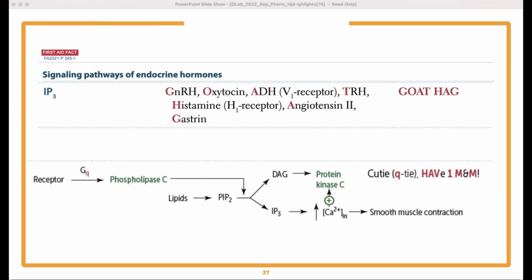And you can see there your IP3 pathway. Some of the hormones that use that pathway include angiotensin 2. And angiotensin 2, as we talked about, is now reduced in the presence of this medication, ACE inhibitors. So you would have reduced IP3.